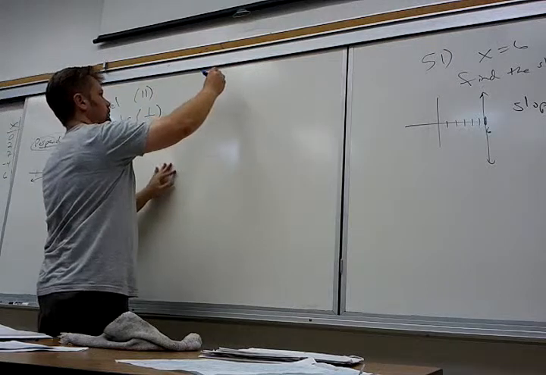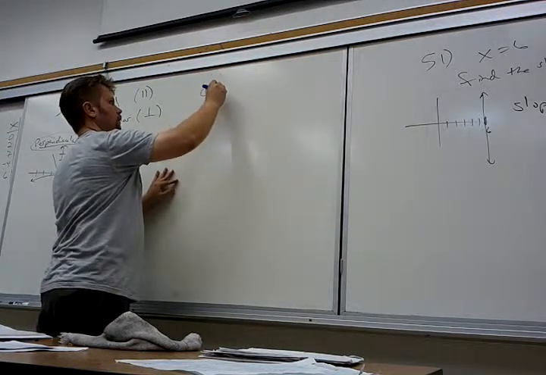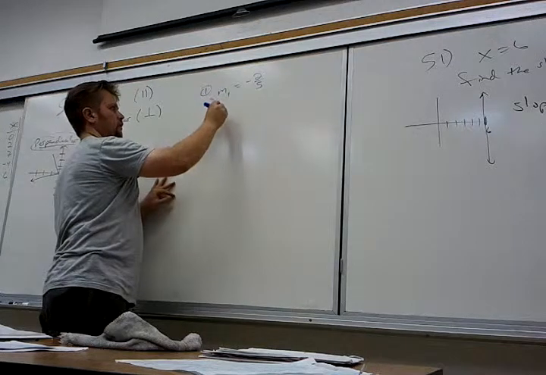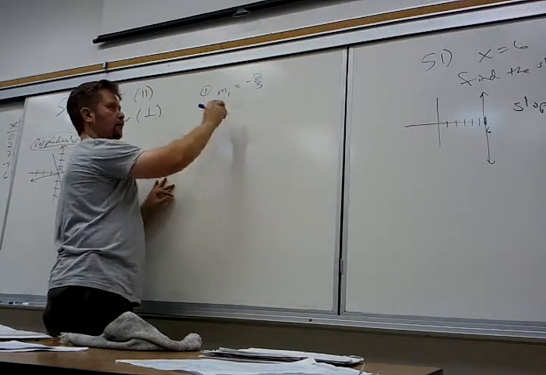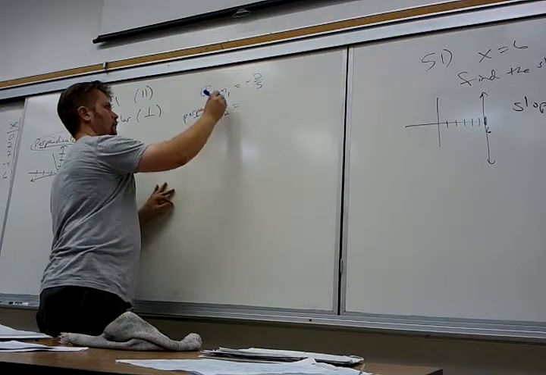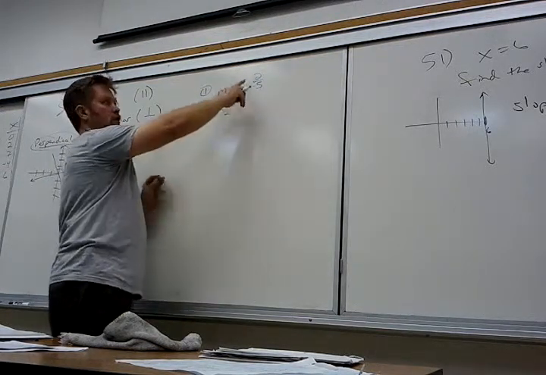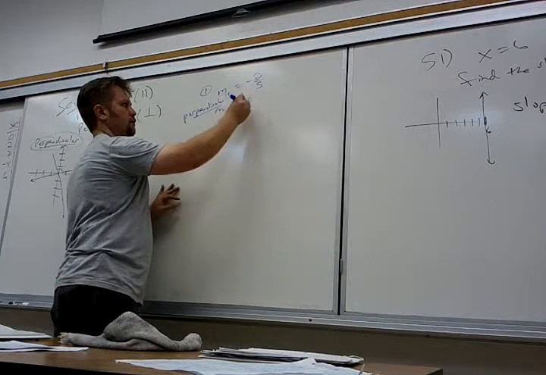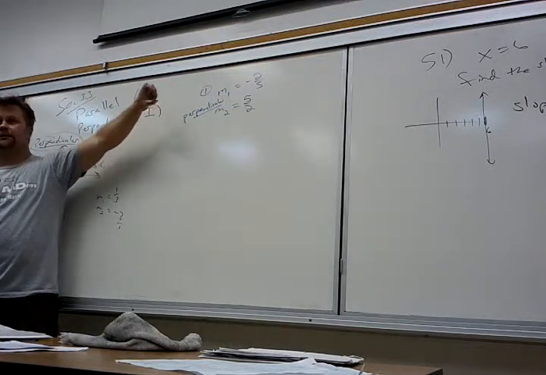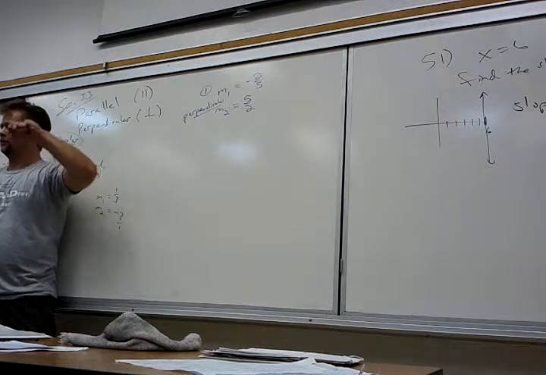So here, if M1 is -2/5, what would that be to be perpendicular? Would it be -5? 5 over 2, positive 5 over 2. You love it. Change the sign, flip it. It's just that simple. Very often in books they'll say when you multiply those it has to be -1, but I don't think that's very helpful.